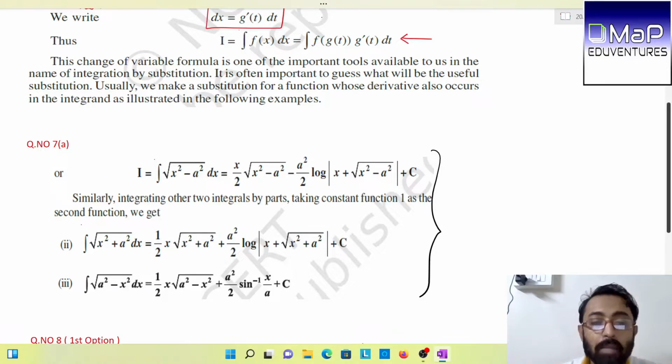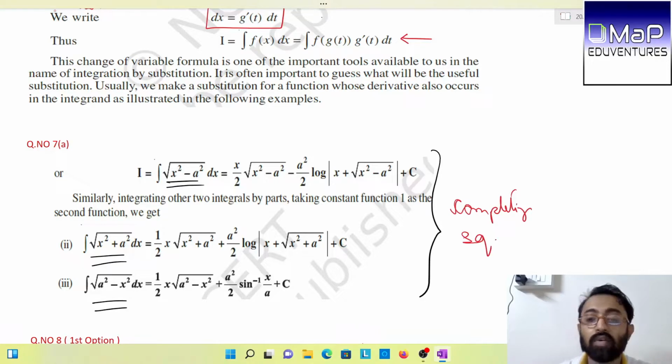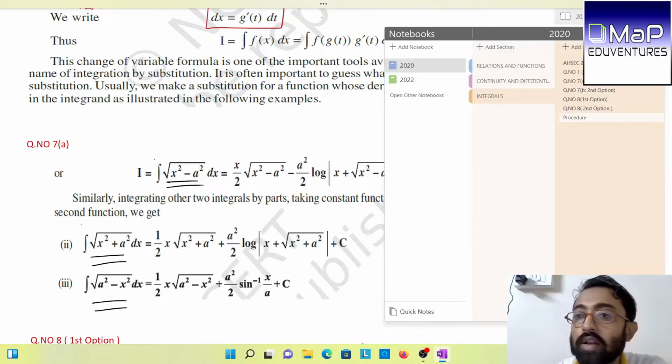If you see, we have under root x square minus a square, under root x square plus a square, under root a square minus x square. So to convert our given integration into this form, we use completing the square. Okay, so let us begin.